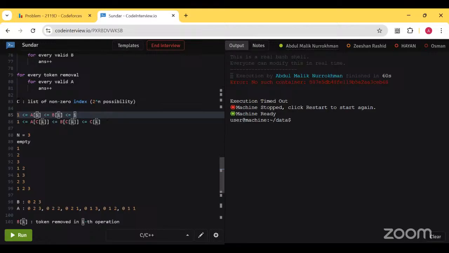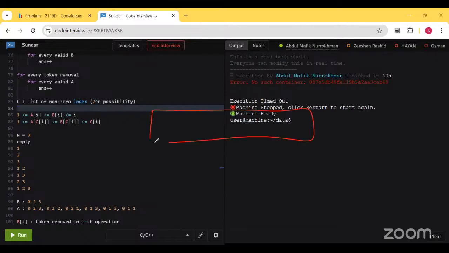Then actually we just need to think about the value of C, and since the other indices are always 0, we can cut the array.